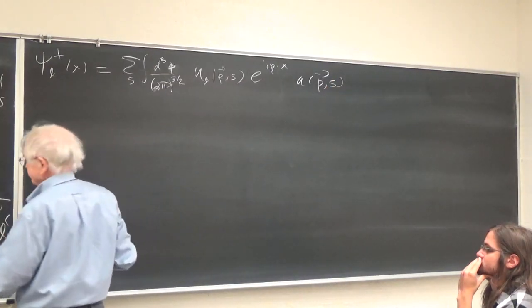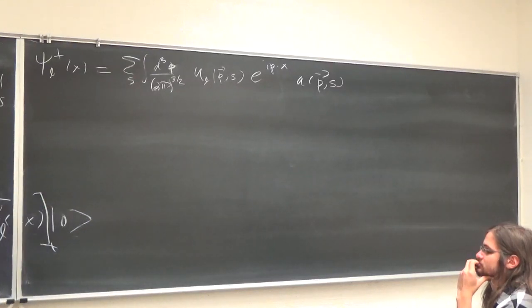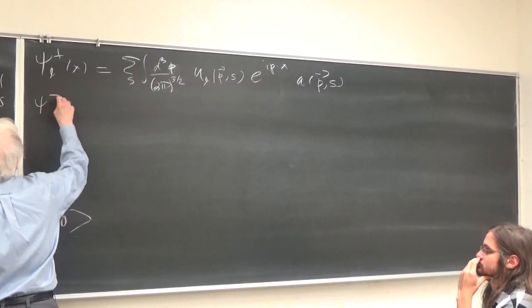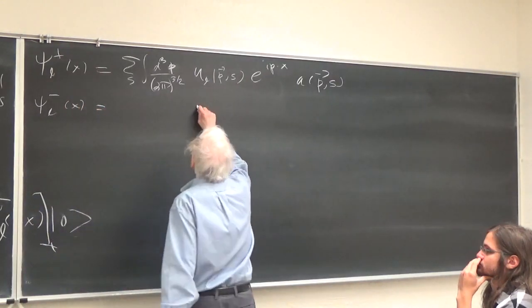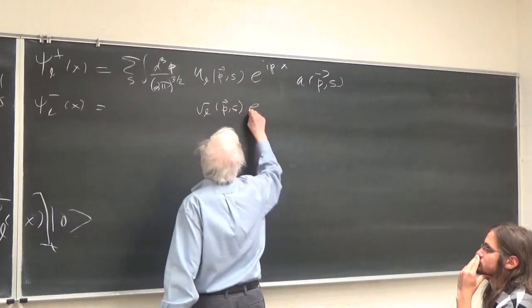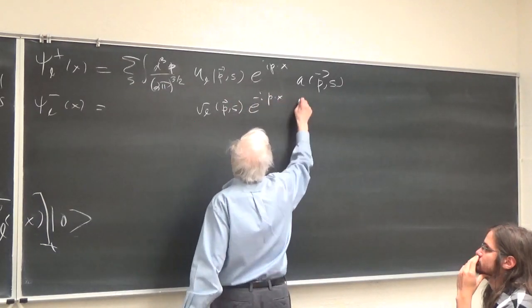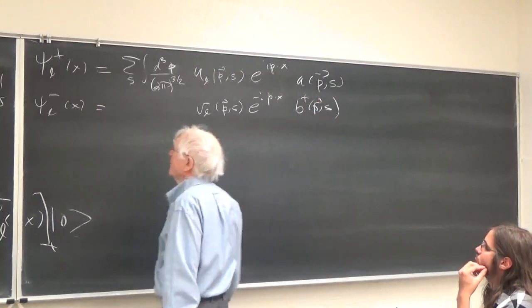And psi minus L of x is the same thing, except this will be vL of p and s, e to the minus i p dot x, b dagger of p and s.